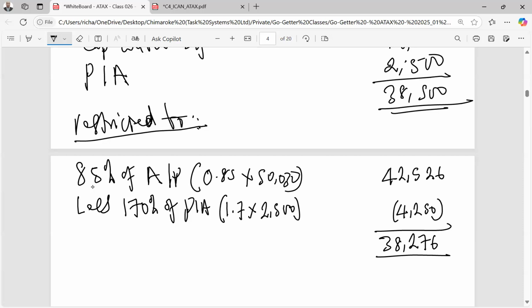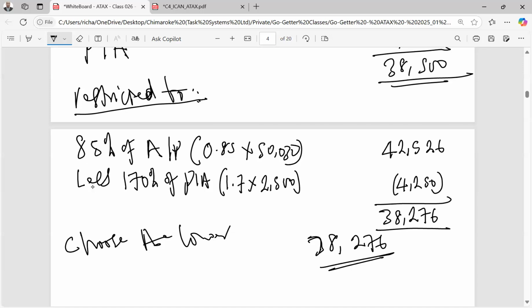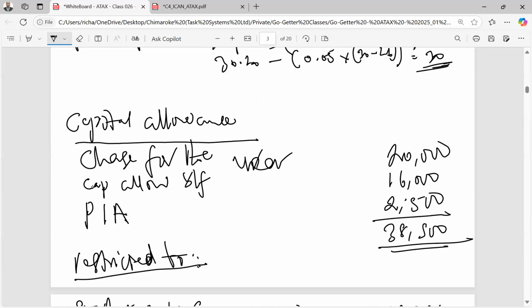But now this one that was incurred is higher than the restriction. You cannot take more than the restriction. So we'll choose the lower. The lower is 38,276. That's what we are taking.